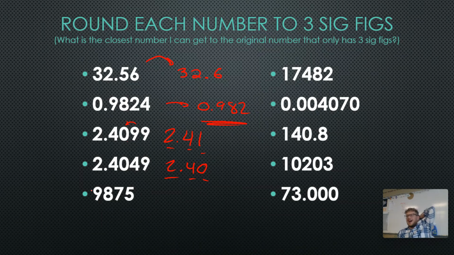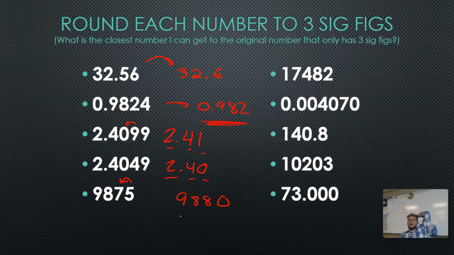And then lastly, 9,875. 9,875 has 4 sig figs in it, and I need to round it to 3 sig figs. But this 5 can bump up that 7, right? 5 and above, give it a shove. So my answer is actually 9,880.